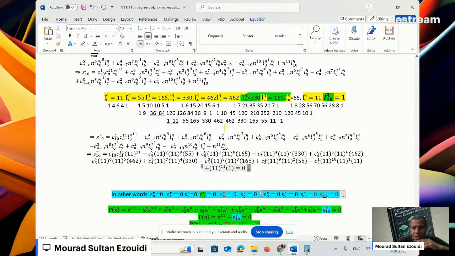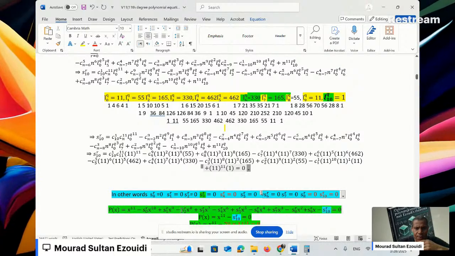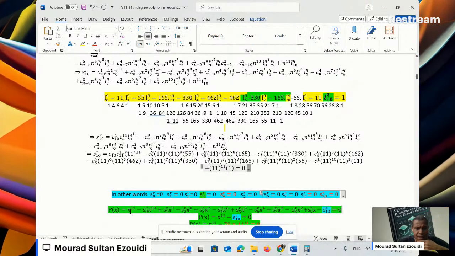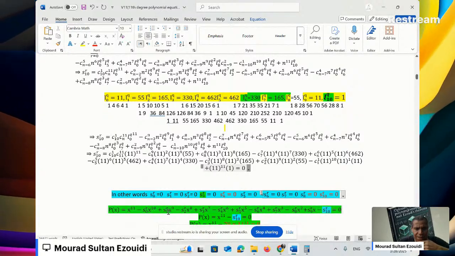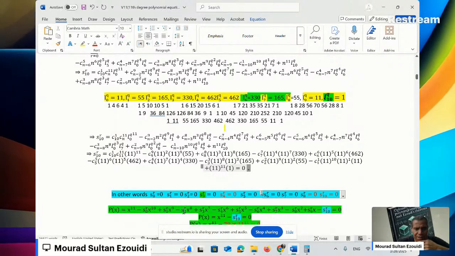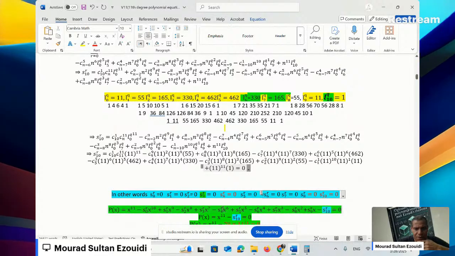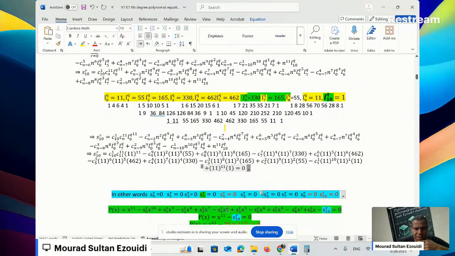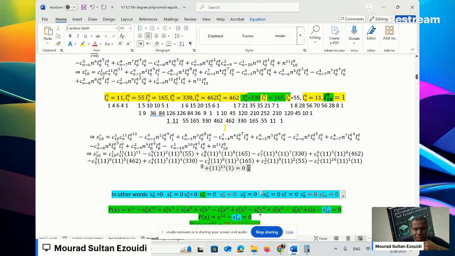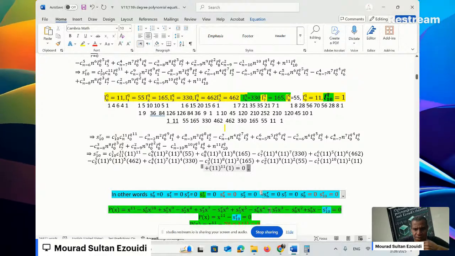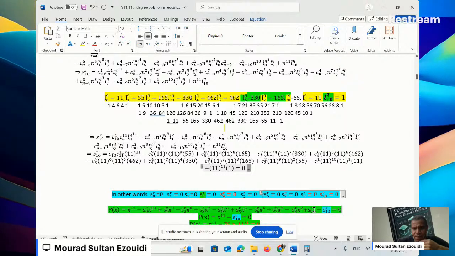It means I'm going to write my new 11 degree equation as x raised to the power 11 minus s0 for the cube x raised to the power 10 plus s1 for the cube x raised to the power 9 minus s2 for the r x raised to the power 8 plus s3 for the r x raised to the power 7 minus s4 for the r x raised to the power 6 plus s5 of order r x raised to the power 5 minus s6 of order r x to the 4 plus s7 x cubed minus s8 x squared plus s9 for the r times x minus s10.